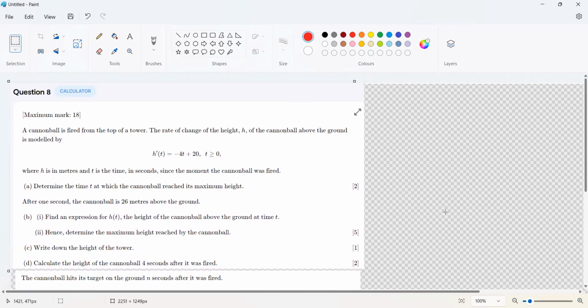The cannonball is fired from the top of the tower. The rate of change of height of the cannonball above the ground is modeled by h dash t. This is from calculus.